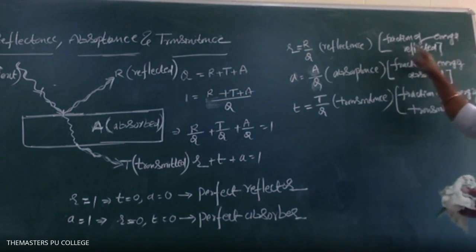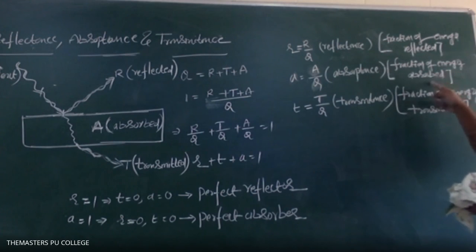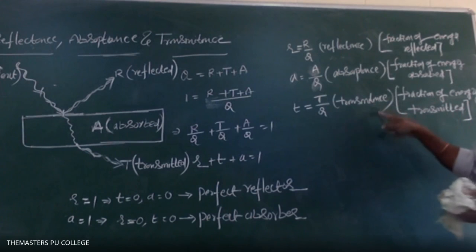Fraction of energy reflected is called reflectance. Fraction of energy absorbed is called absorptance. Fraction of energy transmitted is called transmittance.